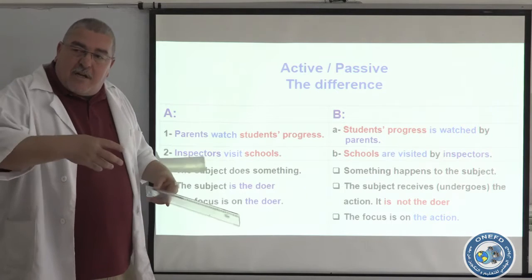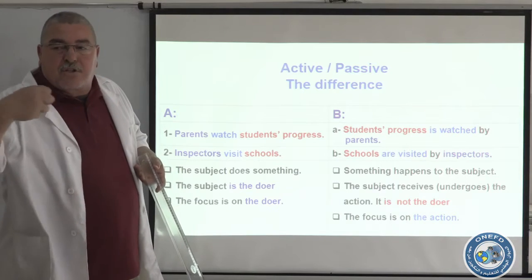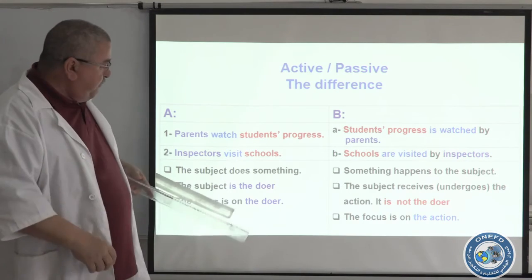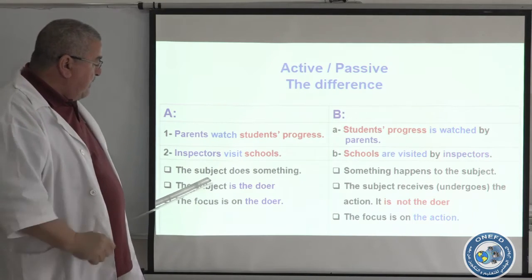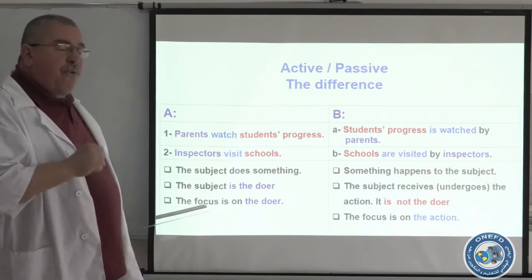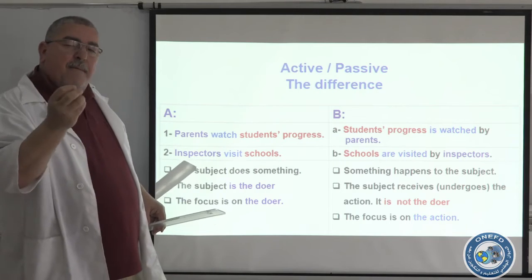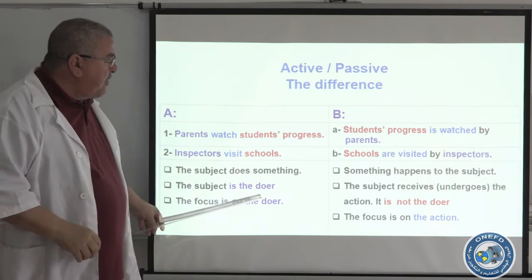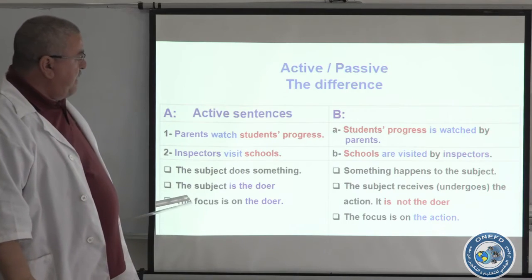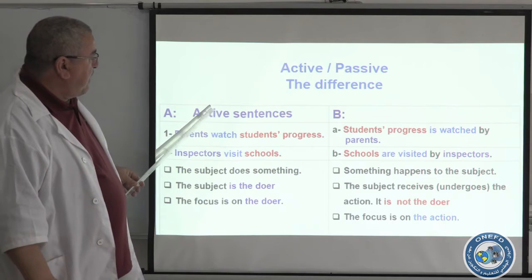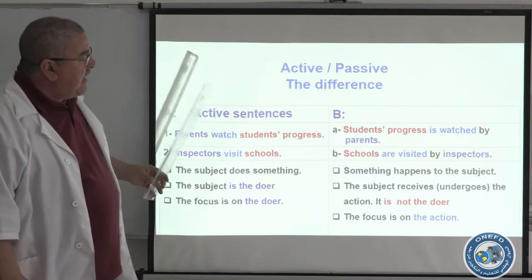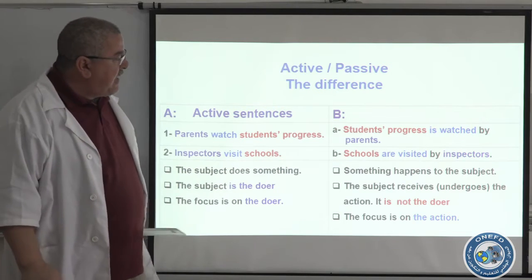What is the doer? It is the one who does something. You say play, player, football, footballer. And another characteristic of this type of sentences is that the focus, that is the attention, importance, is on the doer of the action. This is why we call them active sentences. There is action.